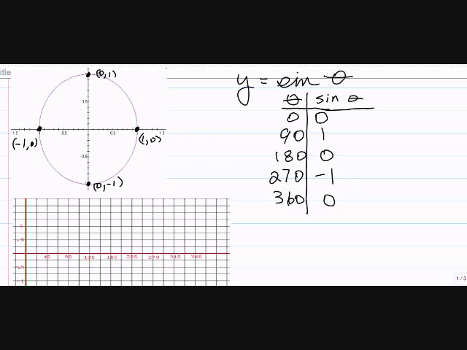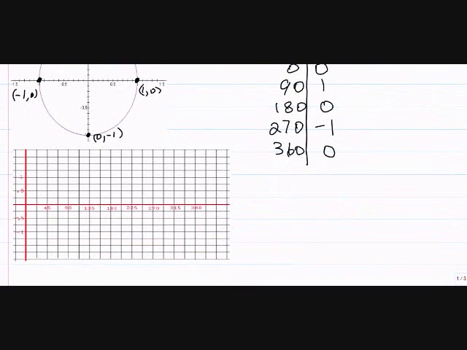So let me graph this function. My axes are scaled. Here's 90. Here's 180. Here's 270. Here's 360. My outputs go between 1 and -1. So there's 1.